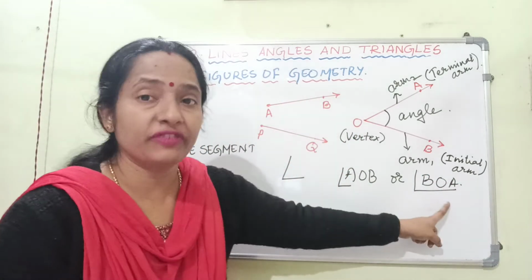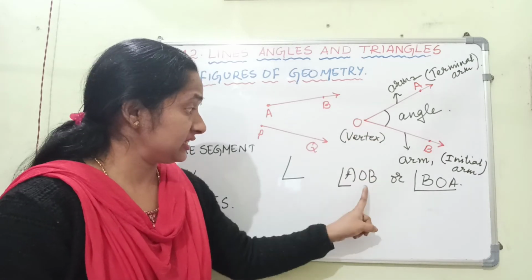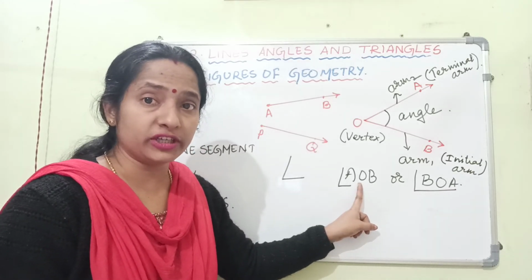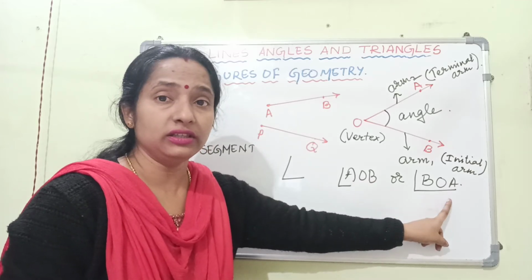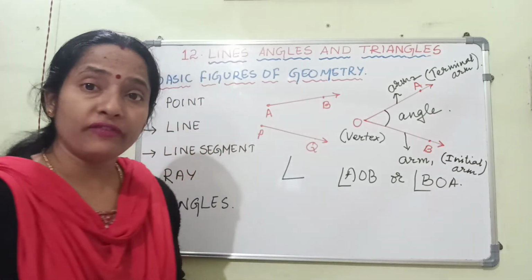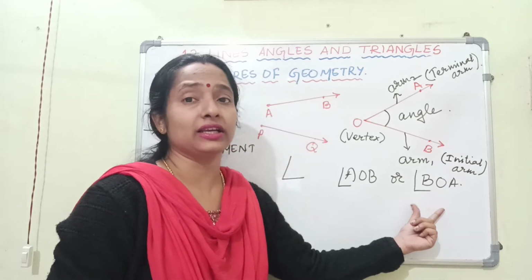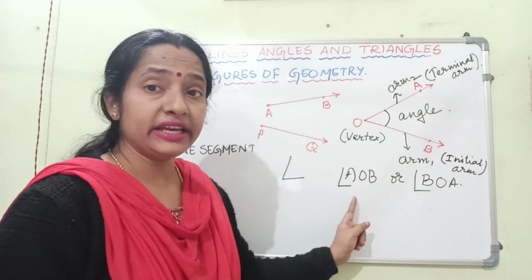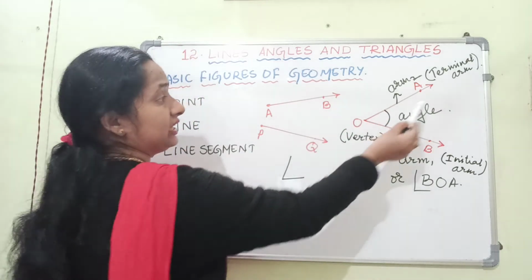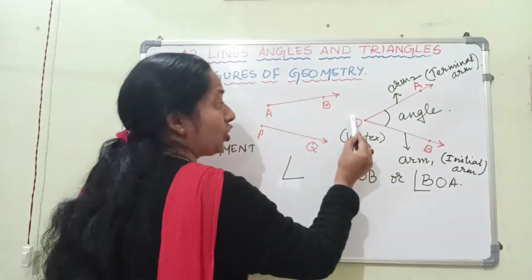If you observe, in both the cases, the letter denoting the vertex is coming in the middle of the name of the angle. Now, always remember, when you name an angle or symbolically represent an angle, you have to write or read the angle in a cyclic way, such as angle AOB or angle BOA.